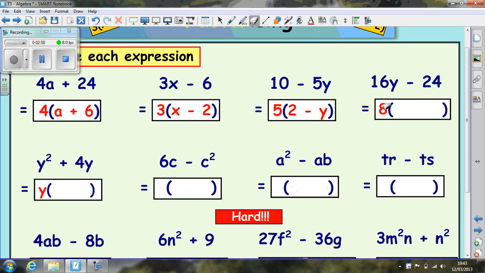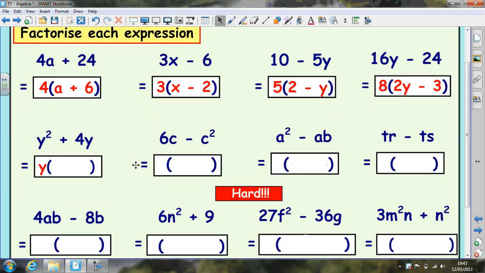If you chose 4 or 2, you would get some marks for doing that, but it wouldn't be fully factorised. You need to try to find the biggest number that goes into these two values. So 8 times what makes 16y, well that's a 2y, and 8 times what makes 24, that's 3. And you can see a takeaway here, just put a takeaway down here. Or you can think of it, 8 times negative 3 makes negative 24.